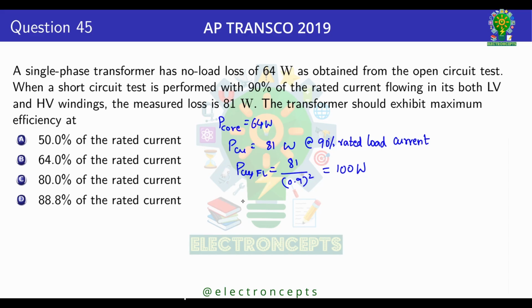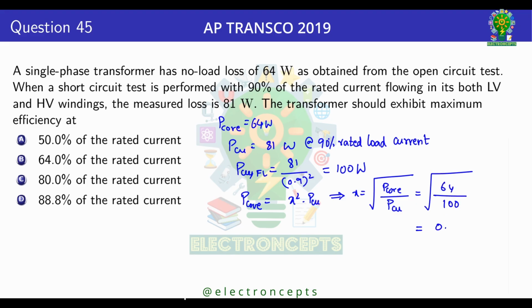And it is known that maximum efficiency occurs when core losses are equal to x square into copper losses. So x is equal to square root of core losses divided by copper losses, which is equal to square root of 64 divided by 100, which is equal to 0.8, that is 80% of the load.